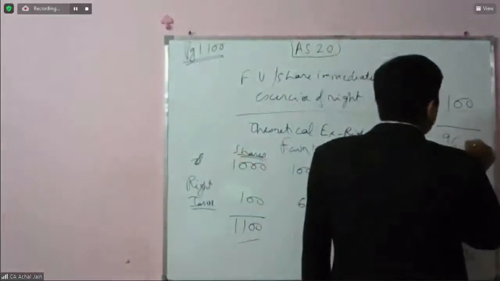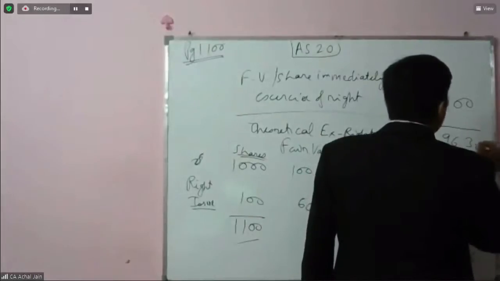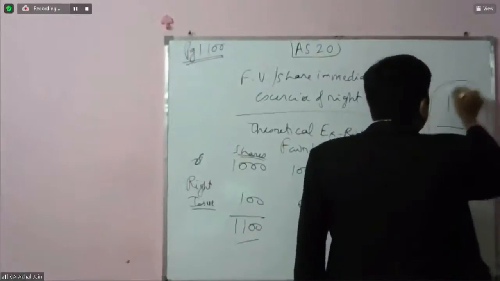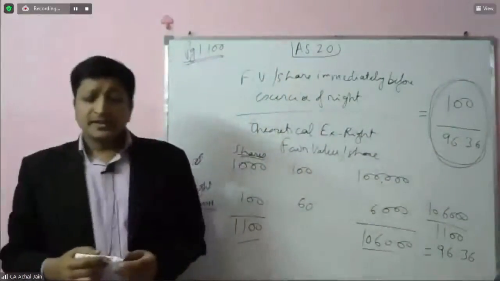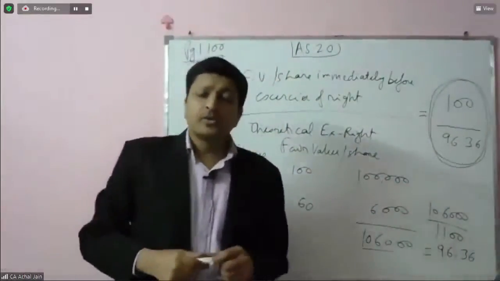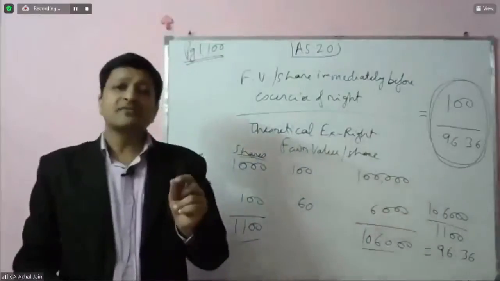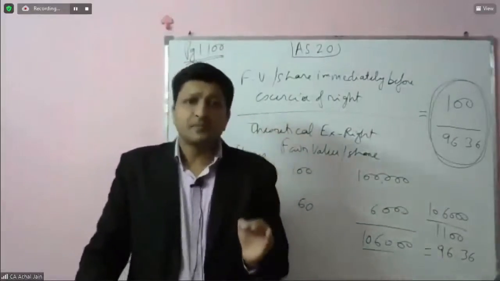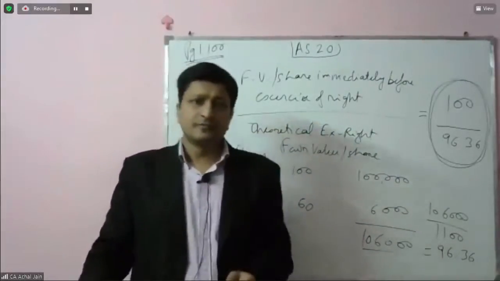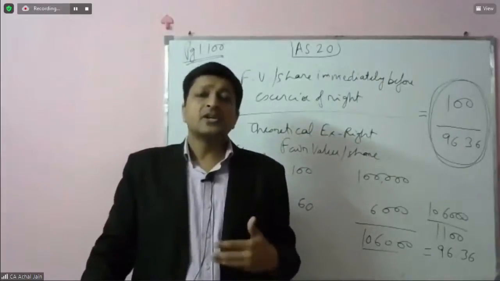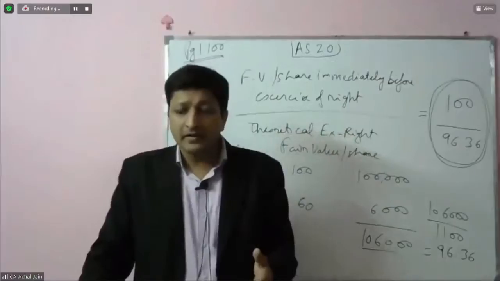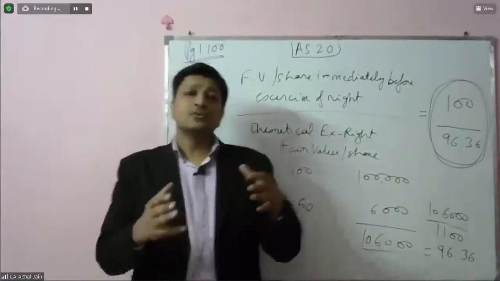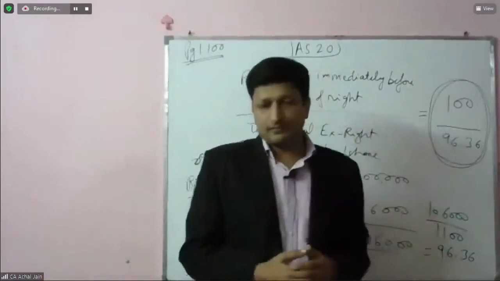So we'll just put it over here. And this becomes the proportion. What do you mean by proportion? This becomes the ratio using which adjustment of right issue in relation to computation of weighted average number of shares will be made, similar to what we used to do in case of bonus issue.